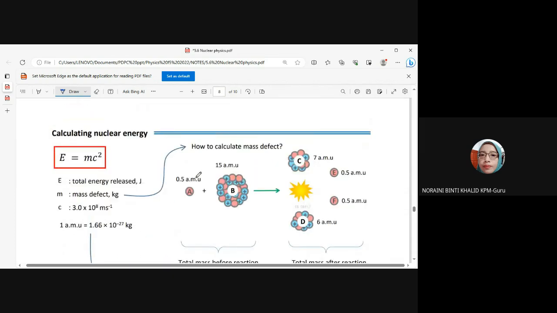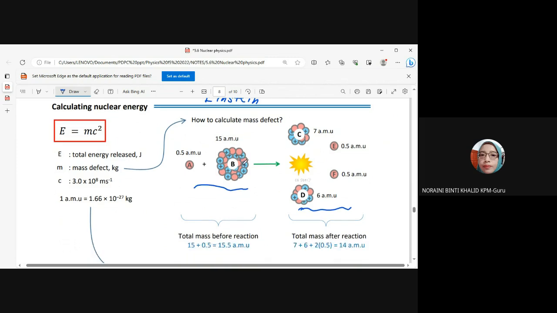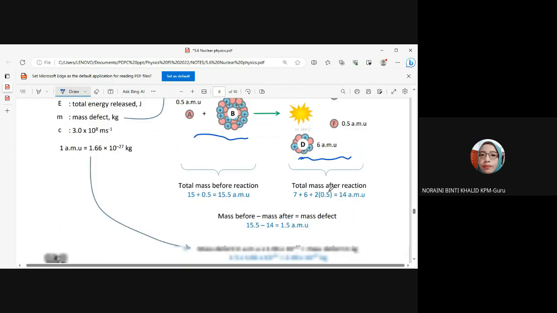Okay, now according to Einstein. Tahu siapa dia Einstein? Saya cuba laju sikit. According to Einstein, in the process of releasing nuclear energy by nuclear process, sama ada decay, fusion atau fission, if you go and calculate the total mass before decay and after decay, the mass are not the same.